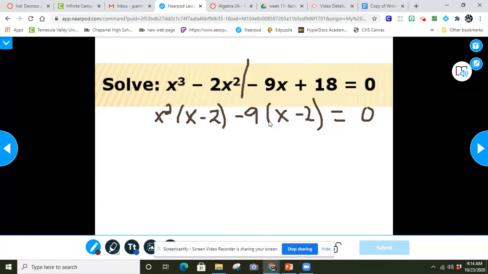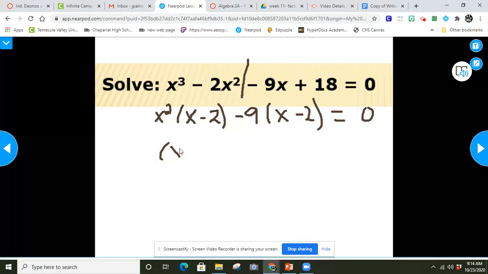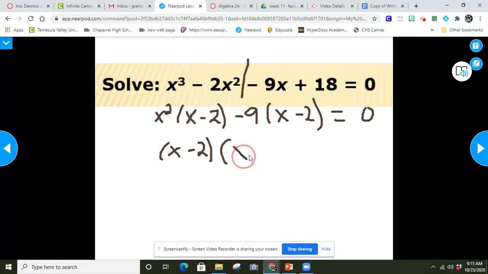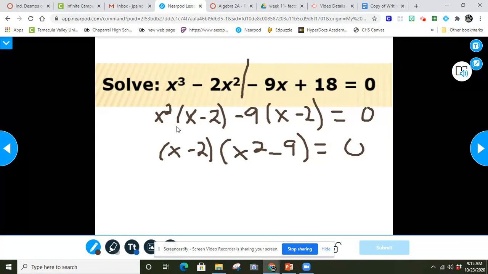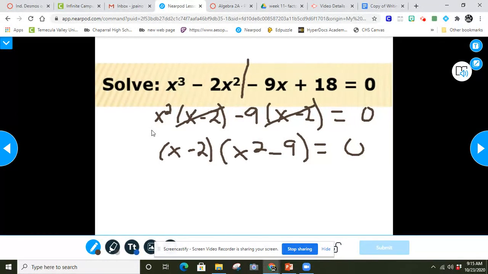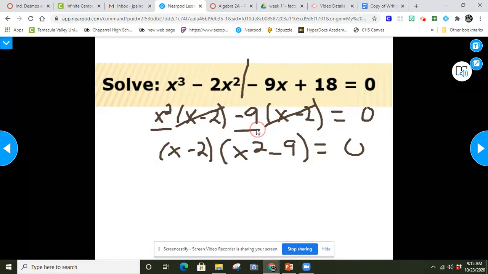That is, again, a common factor. So I want to take out the x minus 2, so I'm going to write the x minus 2, and when I factor that out, that leaves me with x squared minus 9. All I'm doing is factoring it out, pulling it out in front. What's left? x squared minus 9.